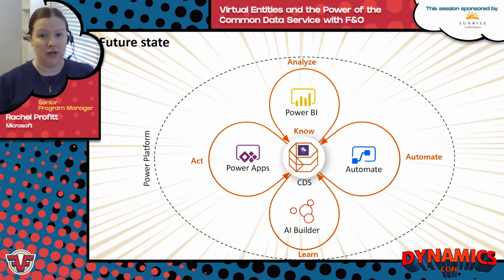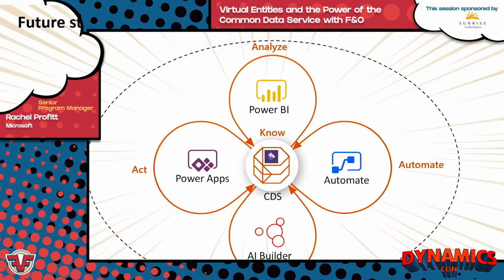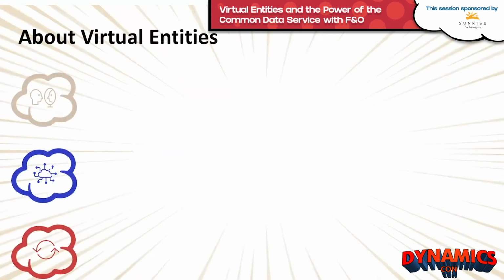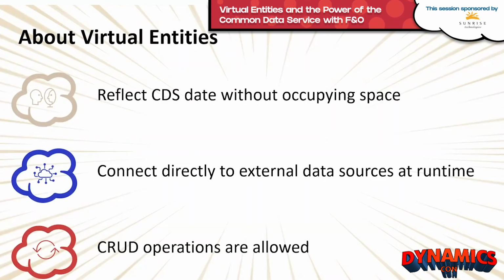This means that you can now leverage the power of the platform and create apps, BI, automate flows, use the AI Builder, Power Virtual Agents, and so much more without needing to copy or duplicate your data into the common data service. So let's take a closer look at what these virtual entities are.